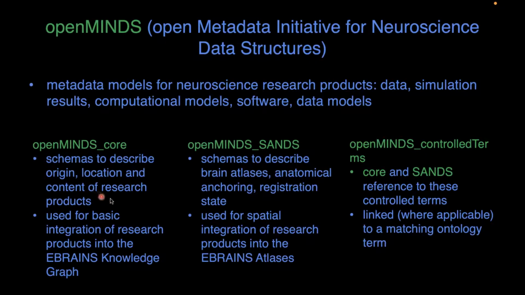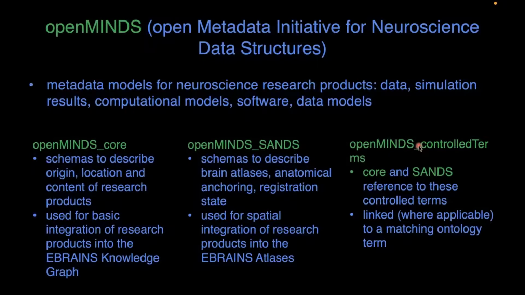And in the context of the Human Brain Project and of eBrains, there is the Open Minds initiative, which creates and provides metadata models for neuroscience research products like data, simulation results, computational models, software, data models. And the eBrains knowledge graph uses this language, so to say, to structure itself.